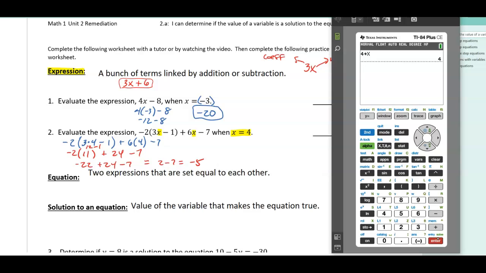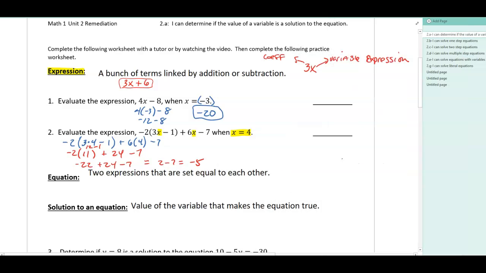Now all I'm going to do is type this expression in the way I see it: negative 2, open parentheses, 3x minus 1, close parentheses, plus 6x minus 7. When I hit enter, right away it gives me negative 5. So what the calculator did is it took the value I stored in and evaluated this when x is equal to 4. Just a little shortcut there.